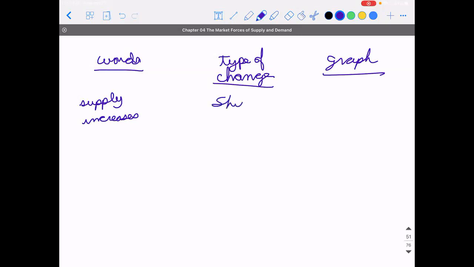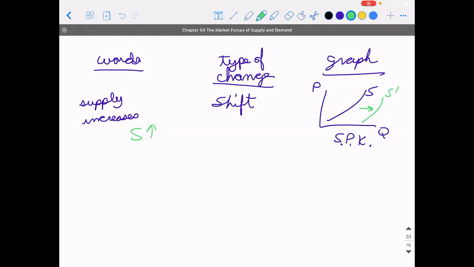This is going to be a shift of the curve. And it's going to look like this. This is not the law of supply. The law of supply has nothing to do with what I just said.